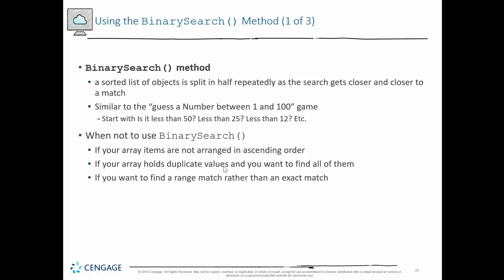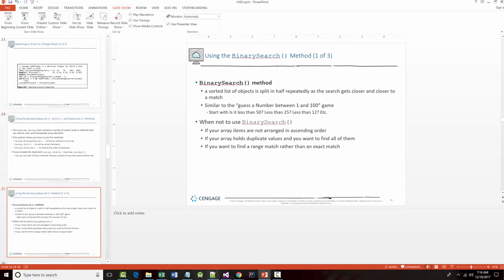With the binary search, the items must be in ascending order. And we've done this before. That's kind of what we just played with the refrigerator game, to guess a number between something and something. So again, if I play the guess a number game, I want to show it one more time.